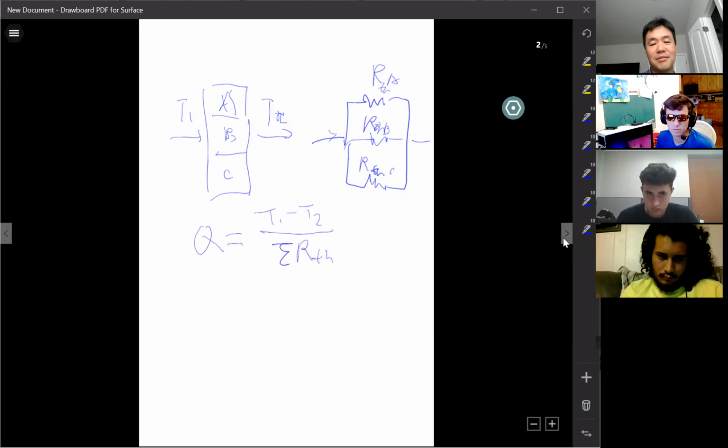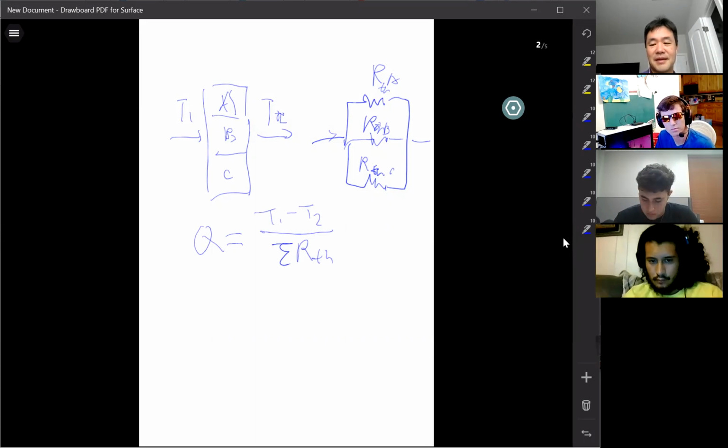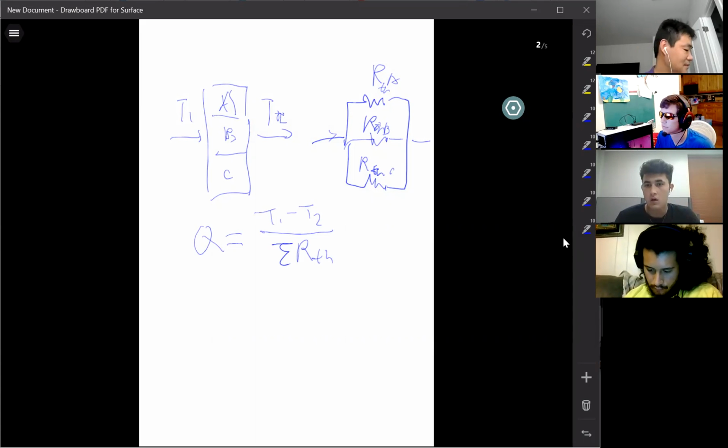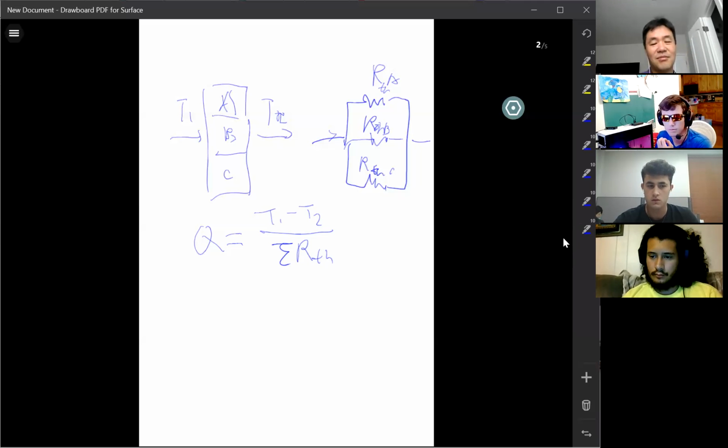But in this problem, how do you calculate the overall thermal resistance? They are in parallel. One over the values? One over what?